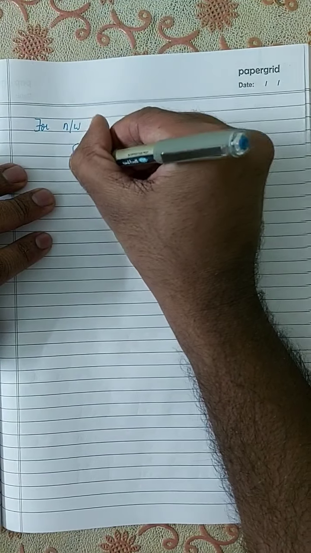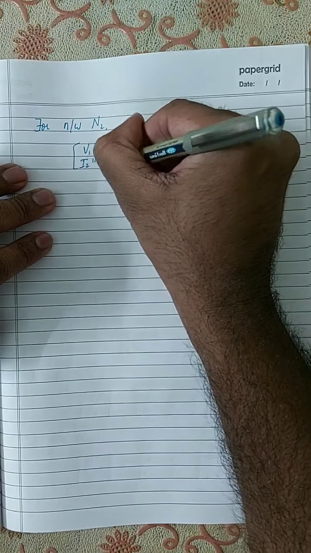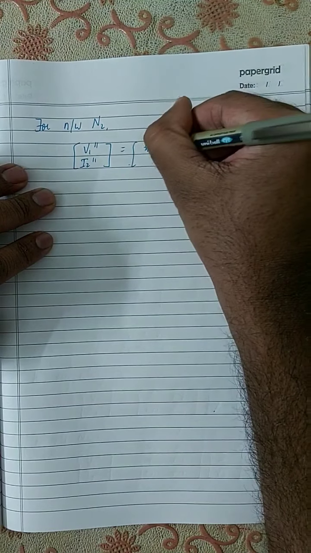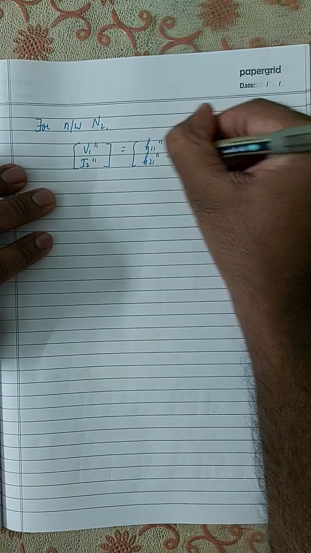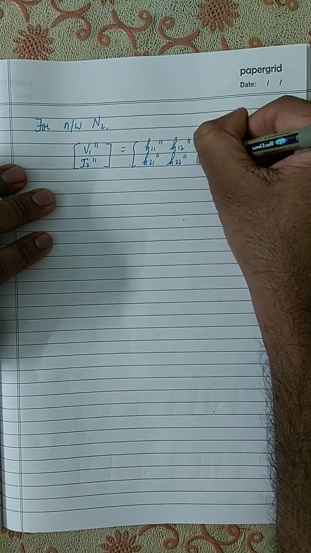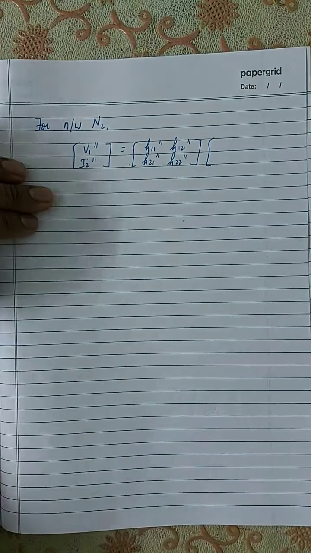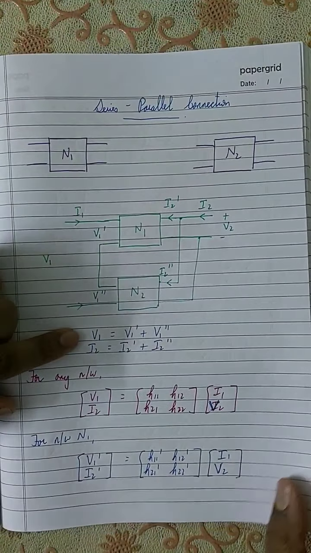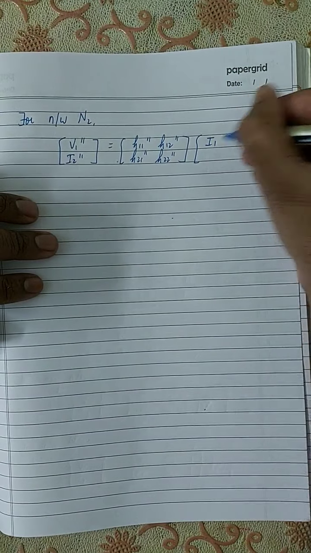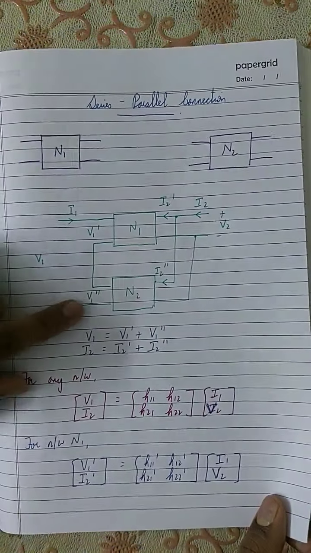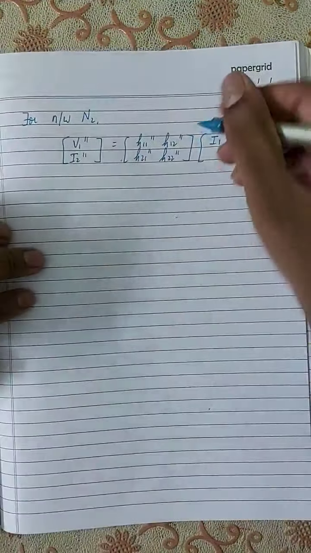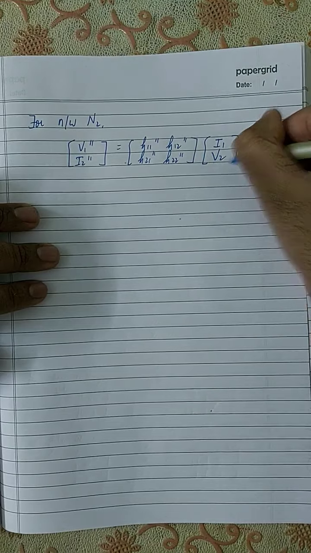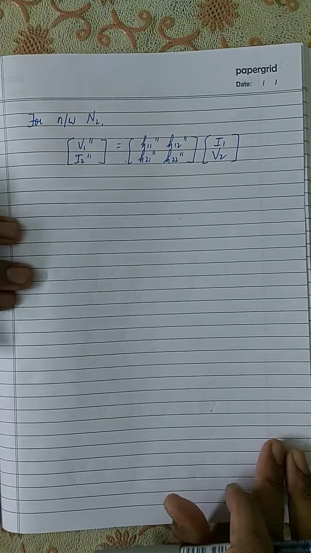So [V1 double dash, I2 double dash] is equal to [H11 double dash, H12 double dash; H21 double dash, H22 double dash] into, here the input current is I1, the same current, and the output voltage is V2. This is how it looks, right?